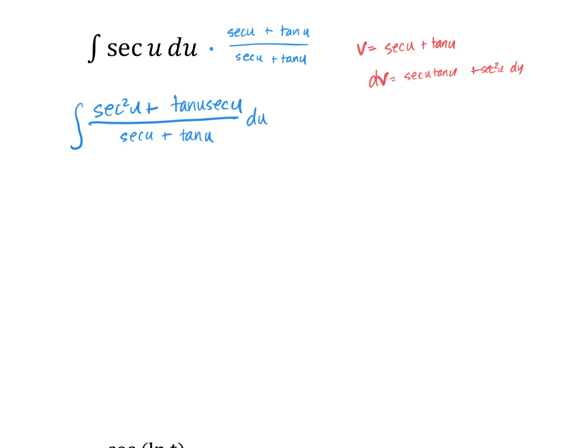Do we see anything? Yes. The top is dv, yeah? So this becomes 1 over v dv.